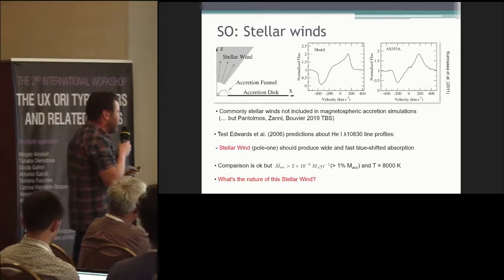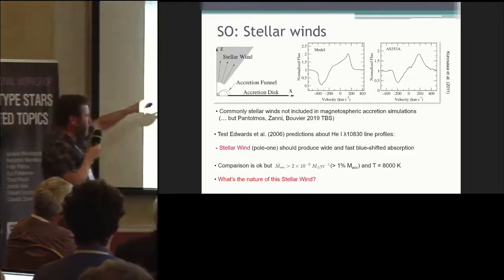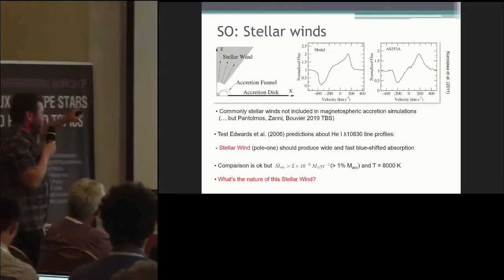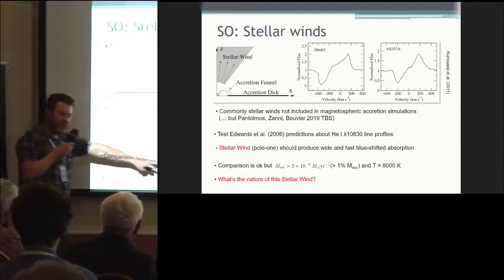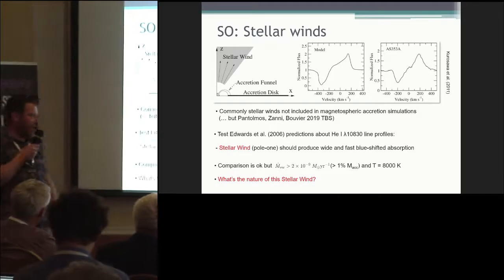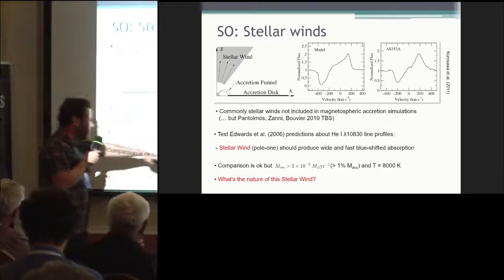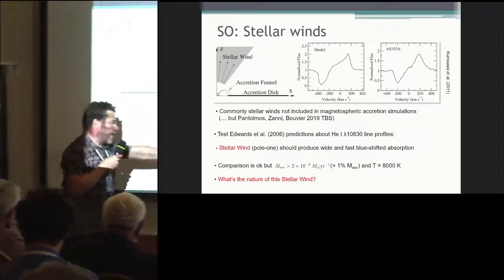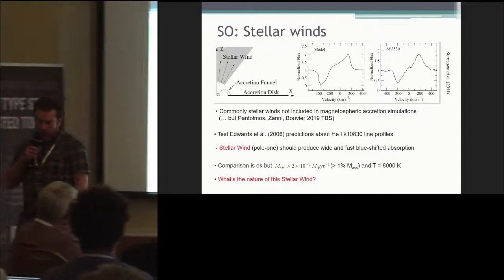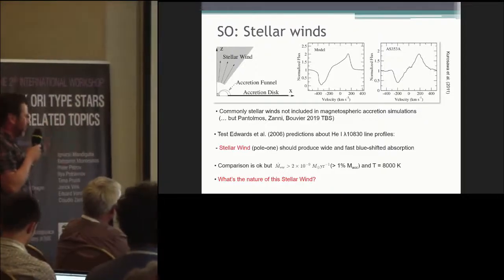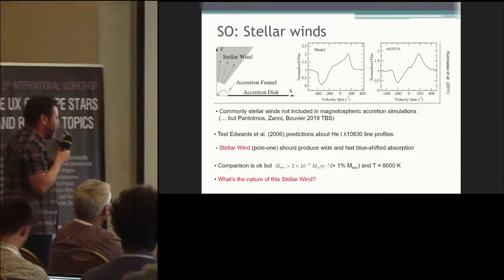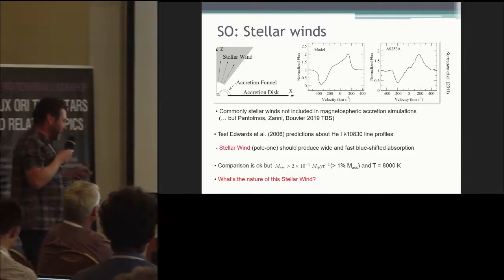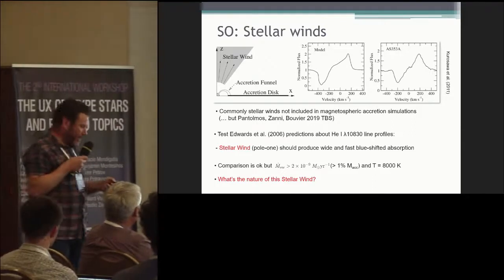That is an intriguing idea, but for this particular model, for that particular star, Ryuichi had to assume quite a massive stellar wind, with a mass loss rate definitely larger than 1% of the accretion rate, and a relatively cold one. From a theoretical point of view, this poses several questions about the nature of these stellar winds.